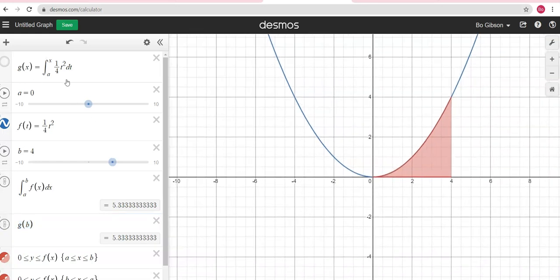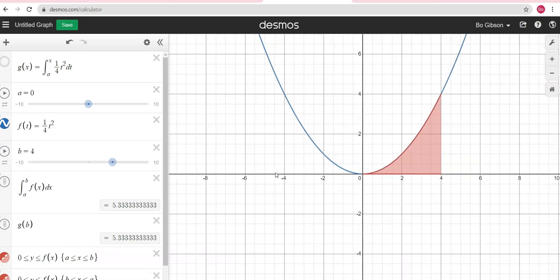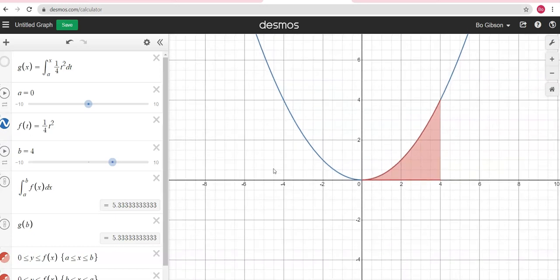Okay? And so what would be interesting is to think about what the graph of g would look like. So we're starting at 0. If I think about starting our graph of g at 0, I have no area accumulated whenever I start at 0, because my length times width, my width is 0. So my g graph is going to be at (0, 0).